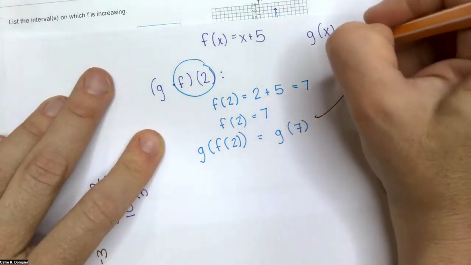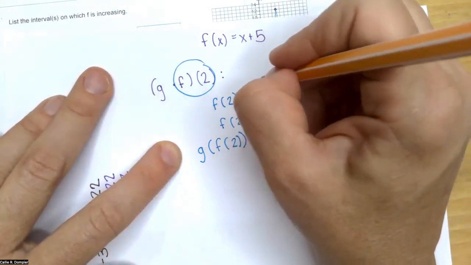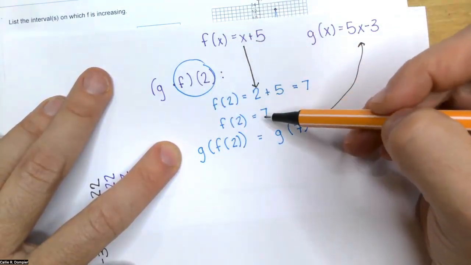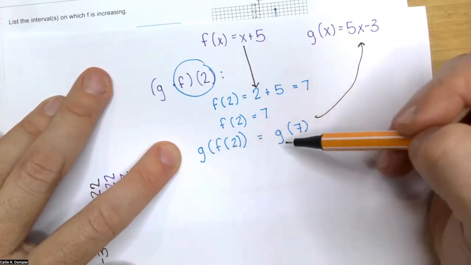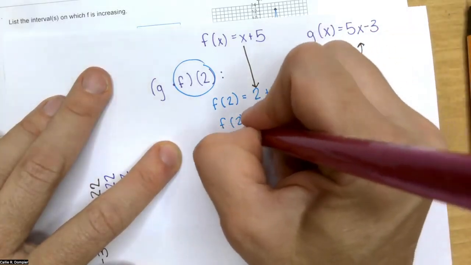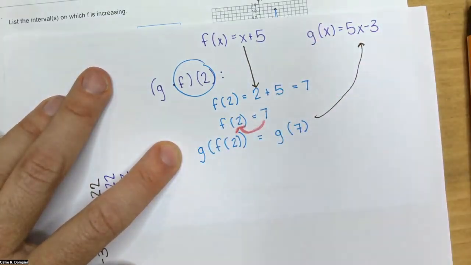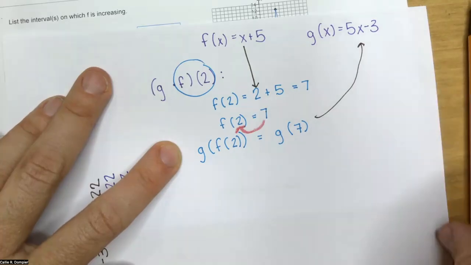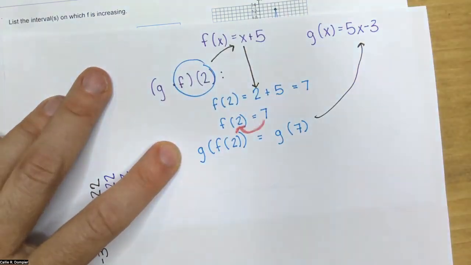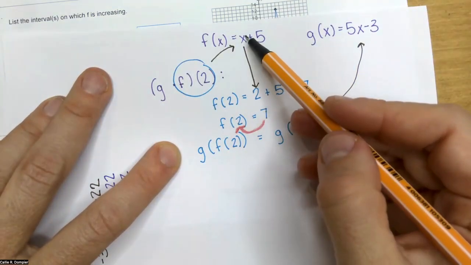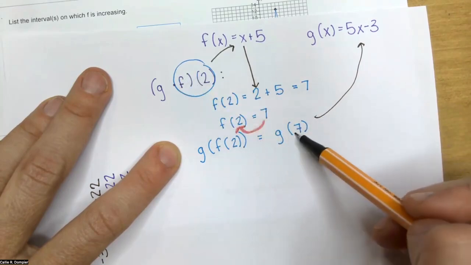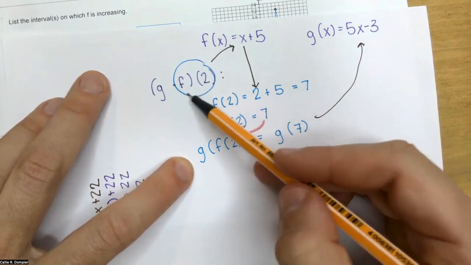So I'm going to take that 7, put it right here. F of 2 means I took x and replaced it with a 2, and solved it for 7. Now that whole f of 2 became 7.